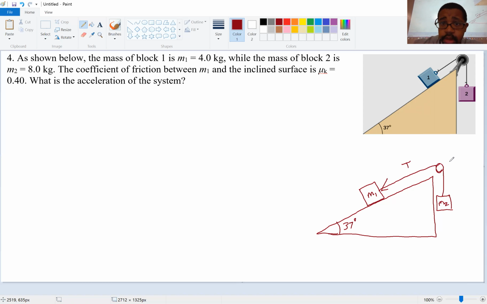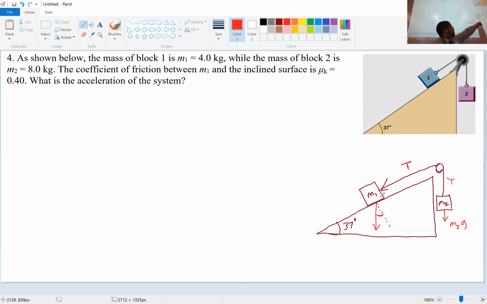So you got tension here. Let's write these in a slightly different color. We've got tension here. And then what is this angle?